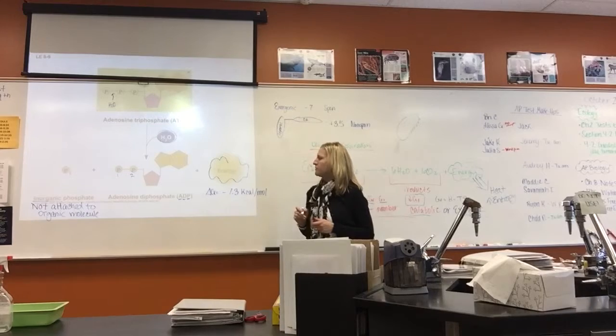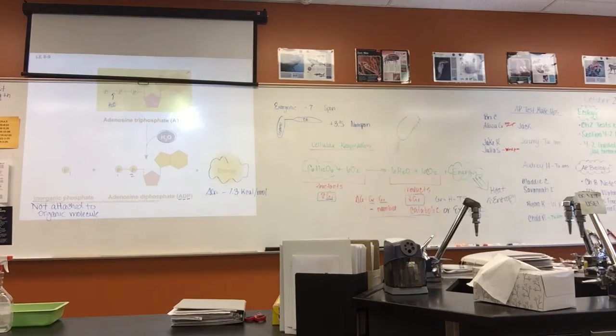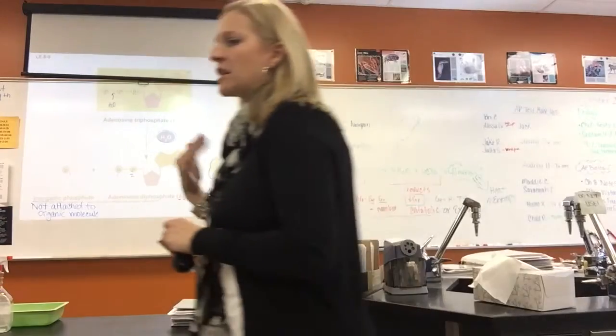Kilocalories are a unit of measurement, and a kilocalorie is 1,000 calories. There are 2 different kinds of calories. If you spell the word calorie with a lowercase c, it's 1 unit of measurement. If you spell it with a capital C, it's the same as a kilocalorie. So a capital C calorie is 1,000 little c calories, and the kilocalories are the big C calories.